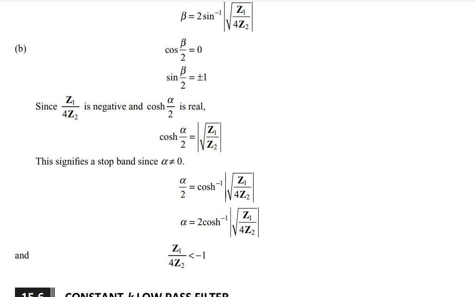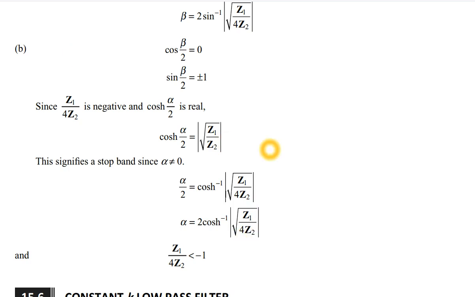Sorry, there is a mistake, it should be 4 z2, it is square root of z1 by 4 z2. So this is going to signify a stop band, because there is some attenuation, which is equal to 2 cosh inverse of square root of z1 by 4 z2 in this particular case.